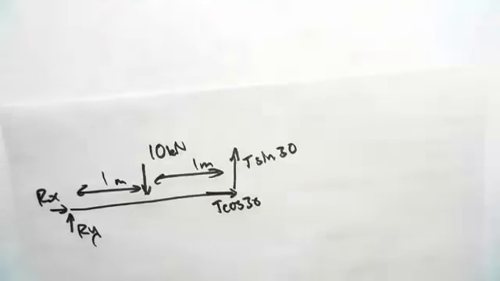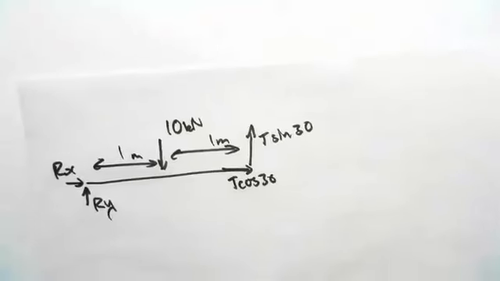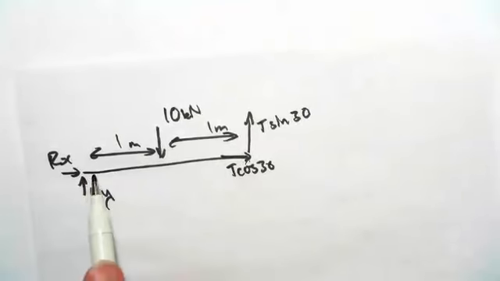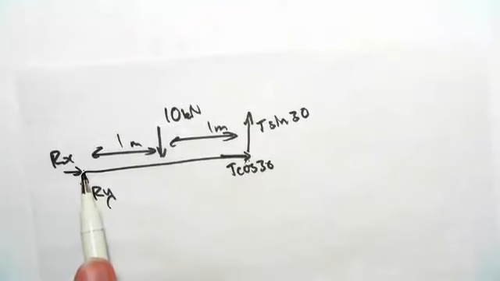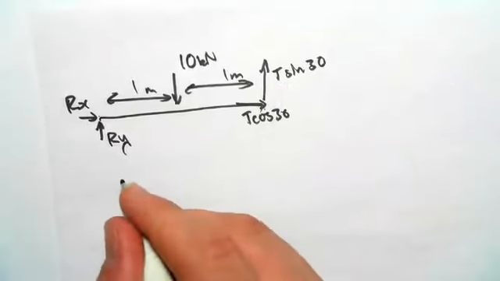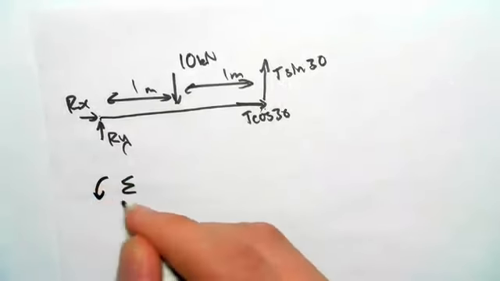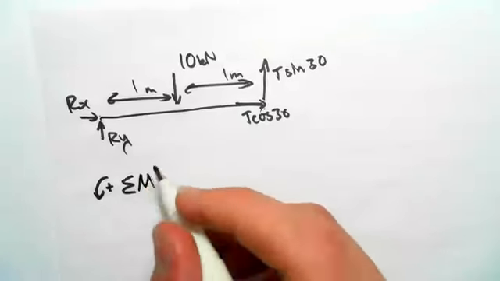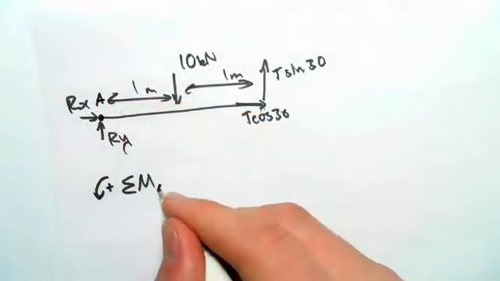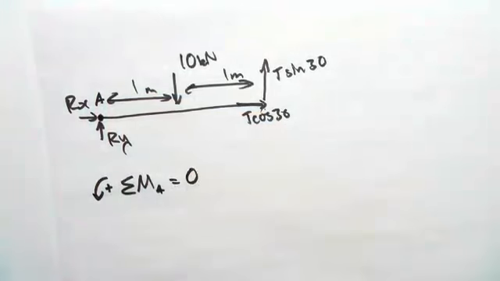Okay, so now as you can see, we have this x component that's going right across this line, and it also goes through this point here, so it doesn't cause any moment about this point. To find T sine 30, we're going to do the moment, calling anti-clockwise positive, about point A equals 0.